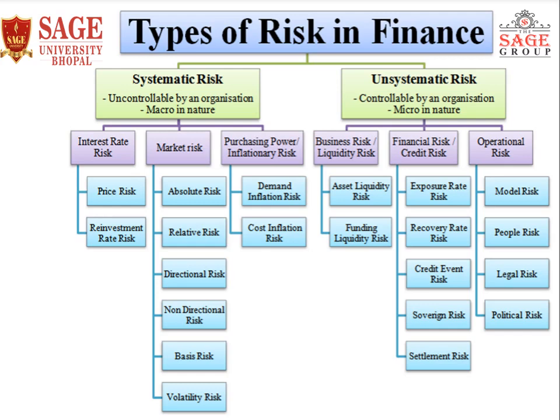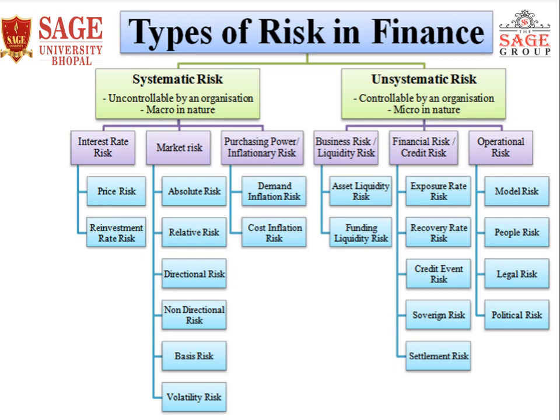Okay, so now we are going to learn about different kinds of risk in finance. Broadly, risk is divided into two major categories: systematic risk and unsystematic risk. Systematic risk is generally caused by the system, the business environment. It consists of macro variables and is uncontrollable by the organization.